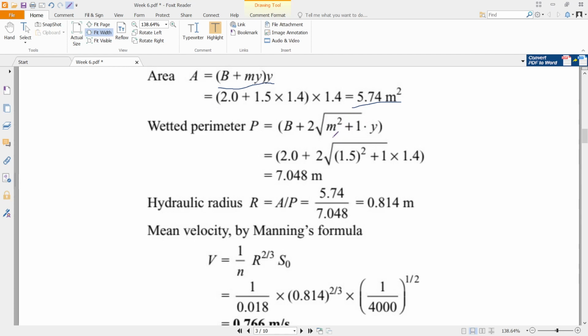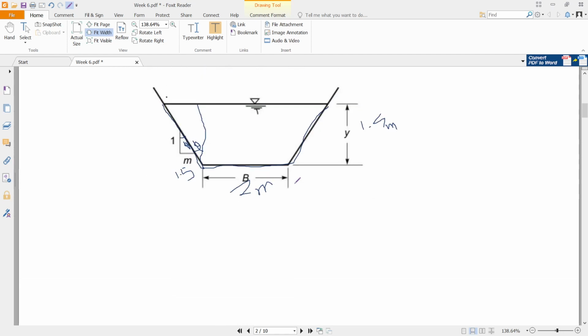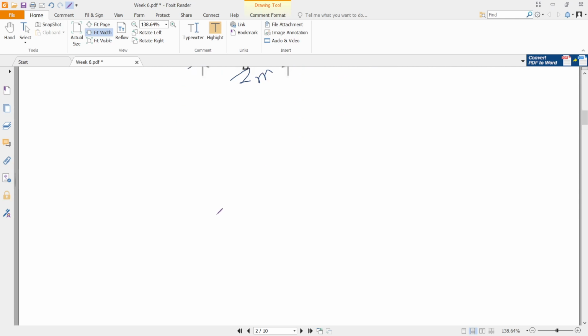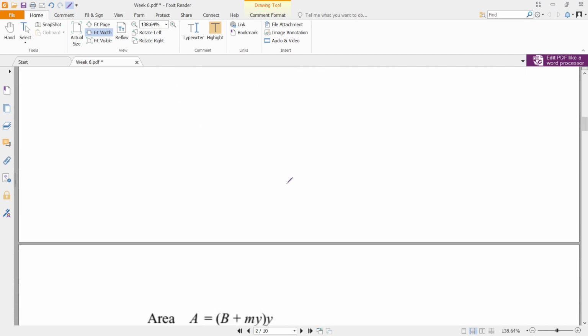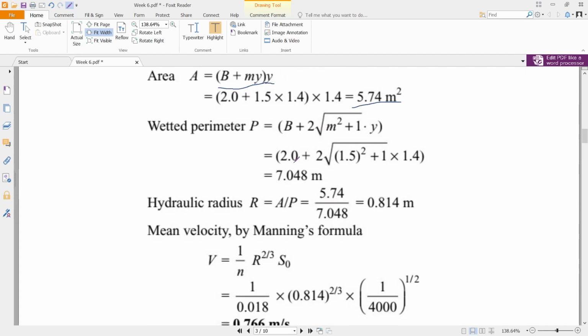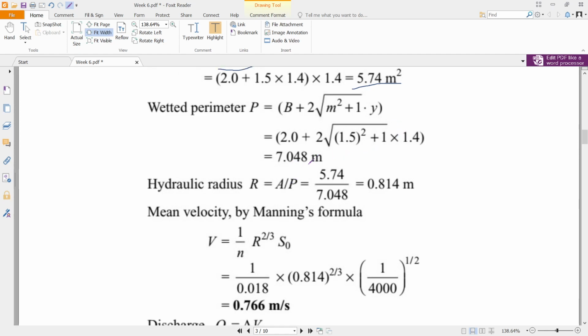Basically the length of one slanted side is y into square root of m square plus 1, but since there are two slanting lengths, it is twice of this. So b is 2 plus 2 into 1.4 into square root of m square plus 1, where m is 1.5 and y is 1.4. So the wetted perimeter came out to be 7.048 meter.